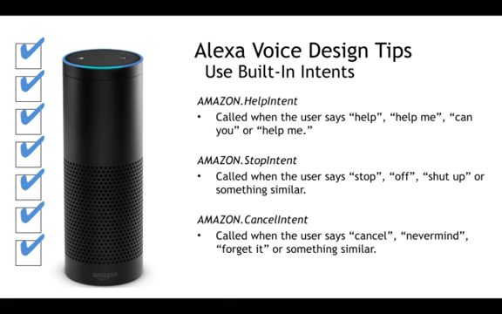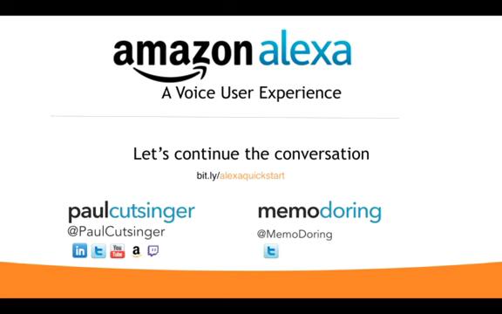We've taken a bunch of sentences or words that mean help and put them in there. But if you want to add your own, you can also add them to these intents, let's say if there's something really specific for your skill, but it's really encouraged for you to do that. There are more of these. If you want to look at them, you can always just Google Alexa built-in intents. And that would be it for now.